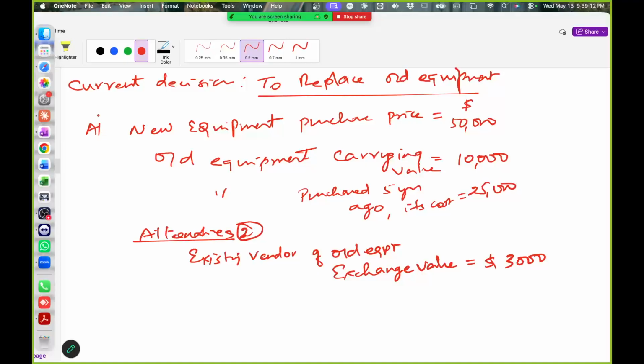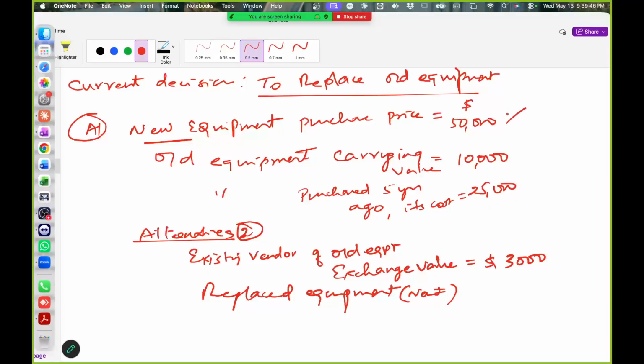Alternative 1, you are going for new equipment. And the existing vendor is telling us that's the new technology.